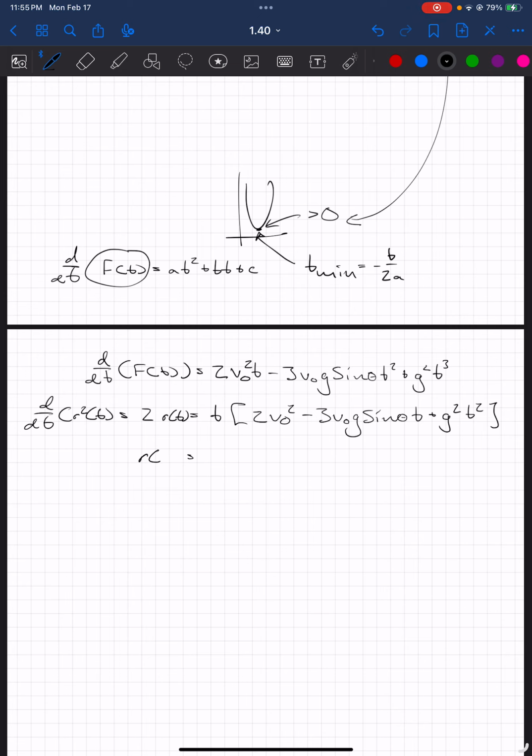So we end up with r of t is equal to t times v naught squared minus 3/2 v naught g sine theta times t plus 1/2 g squared t squared. Now, we are finally at our a, b, and c.